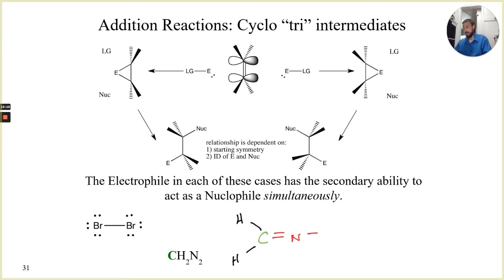If we draw out the Lewis structure for diazomethane, we would have something along these lines. And you might say, well, that's not a big deal. That doesn't allow me to see that reactivity.